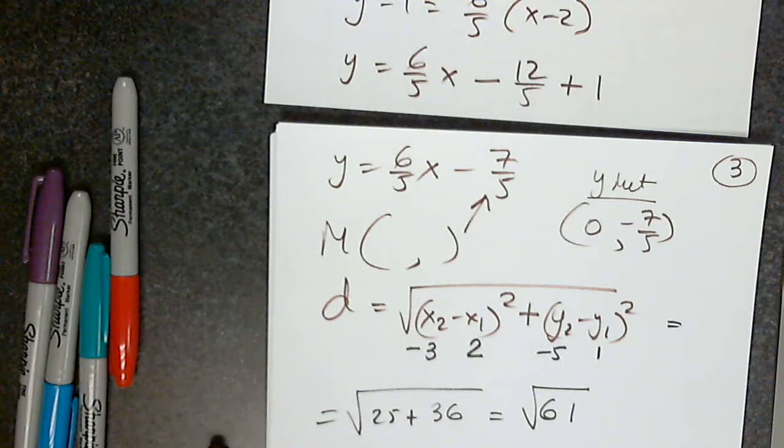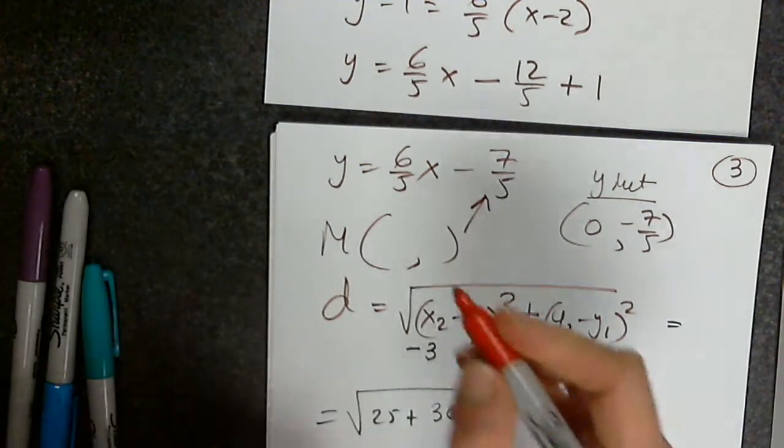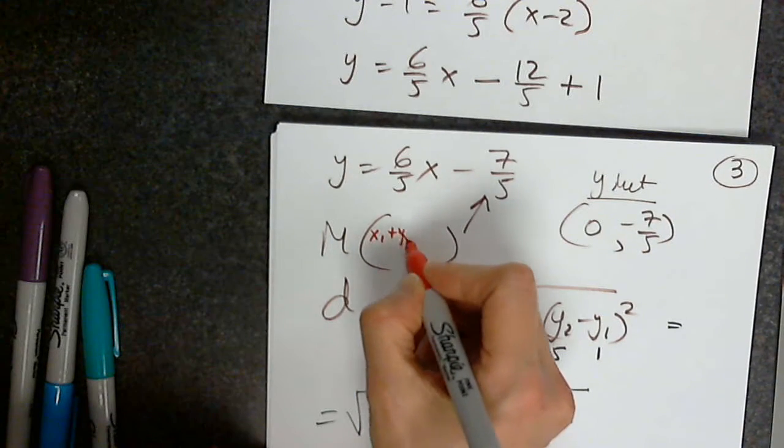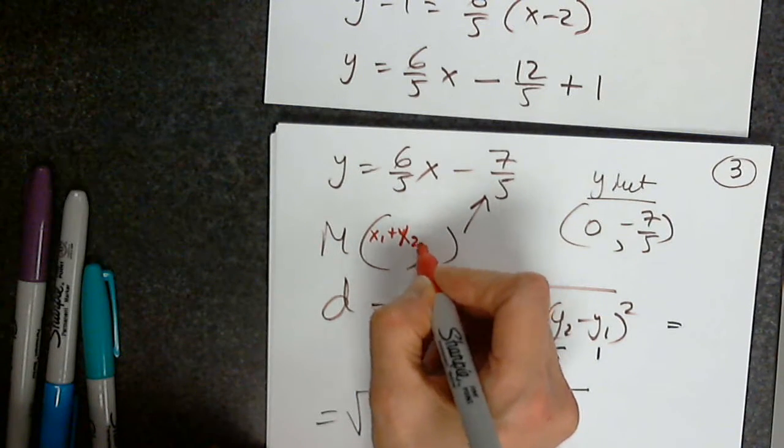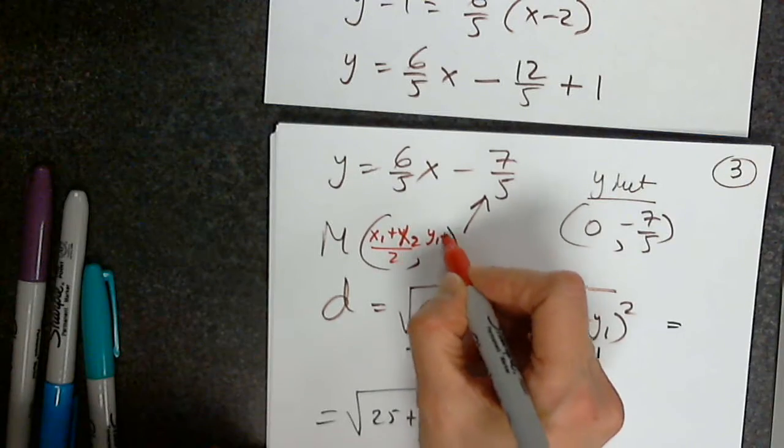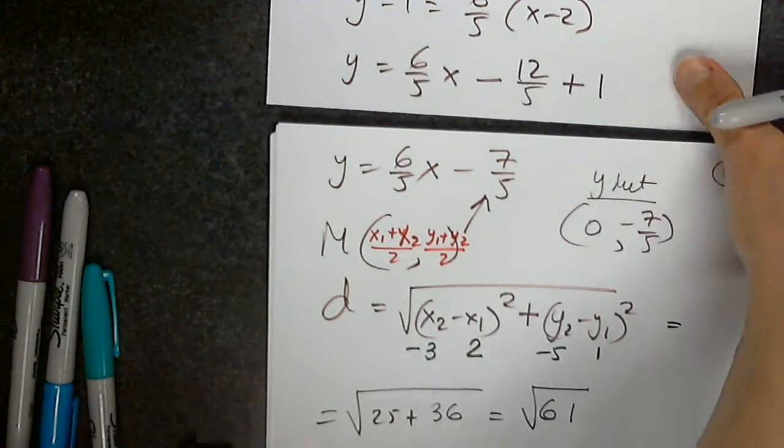How do I determine the midpoint? The average of x's, x values, x1 plus x2 over 2, comma, exactly, x1 plus x2 divided by 2, comma, y1 plus y2 over 2.